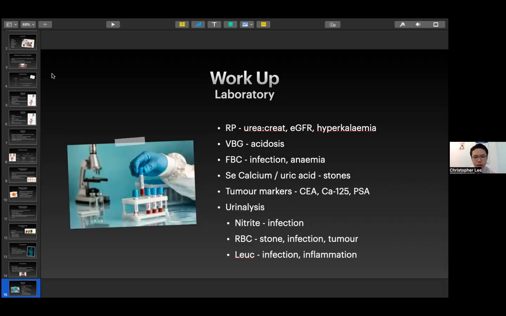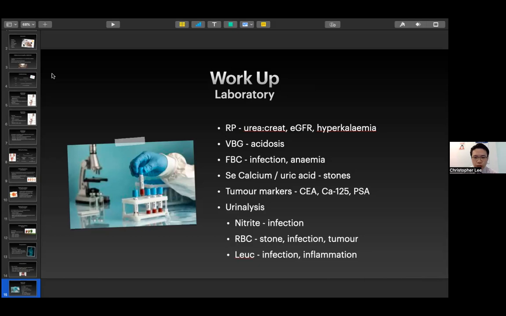Look at the urea, the creatinine, and also the urea-creatinine ratio. Calculate the eGFR and look for electrolyte imbalances, especially hyperkalemia. VBG is also useful to look for any acidosis in the case of AKI. And if you suspect the patient has any element of infection, FBC would be helpful as well.